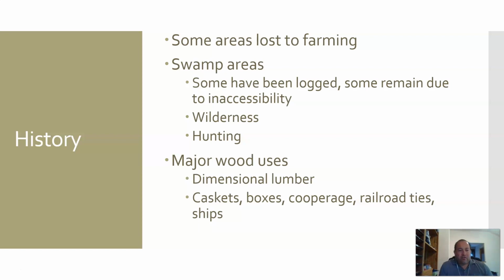So in this area, you do get some areas lost to farming. Definitely a lot of swampy areas, a lot of wet areas, because the whole area is basically the Mississippi River floodplain. So some areas have been logged, some haven't, because they're just inaccessible and there's no way to get to them. Some of these areas have stayed wilderness and not really even been mapped out or surveyed, and you get a lot of hunting in these areas.